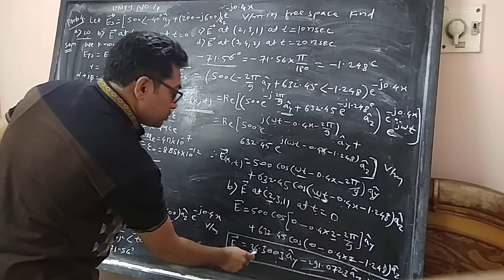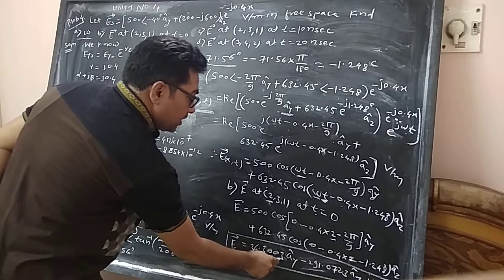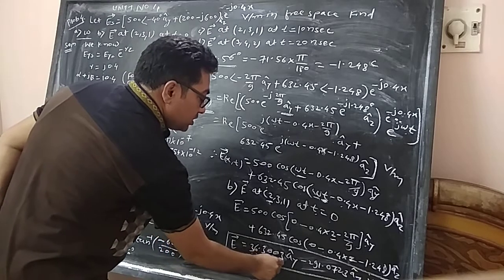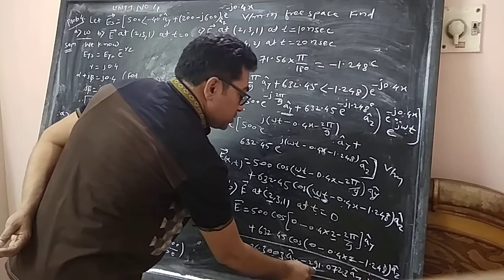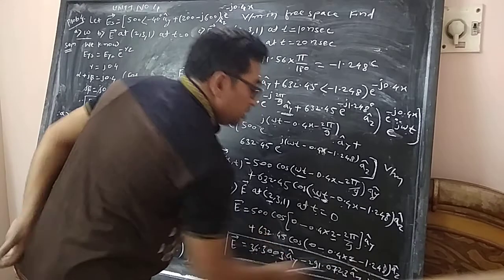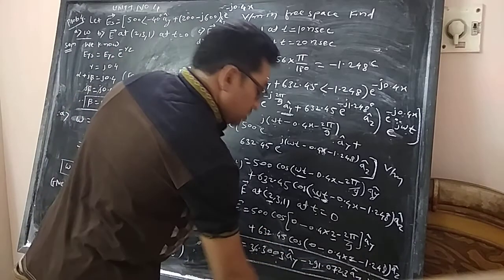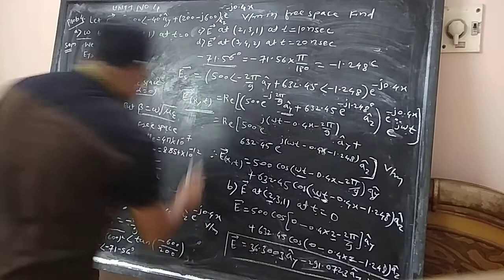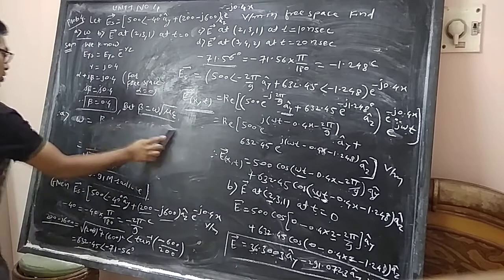So E vector comes to 36.3003 into ay minus 291.0723 az V by m. So this is option A.